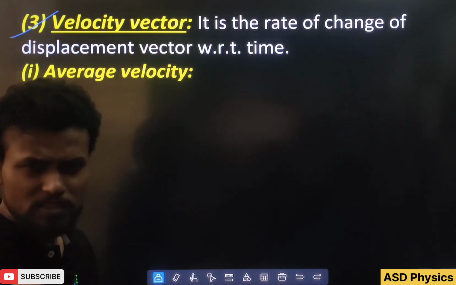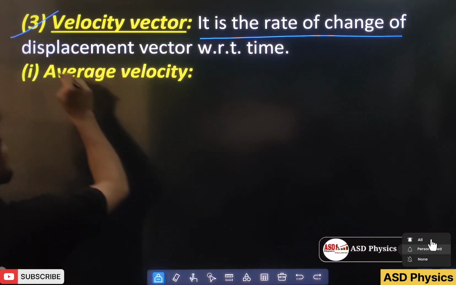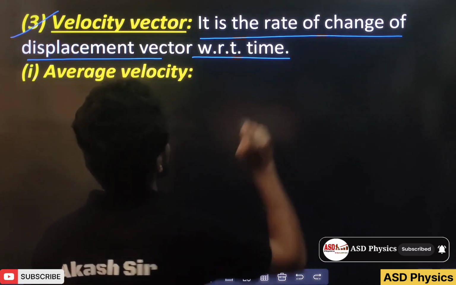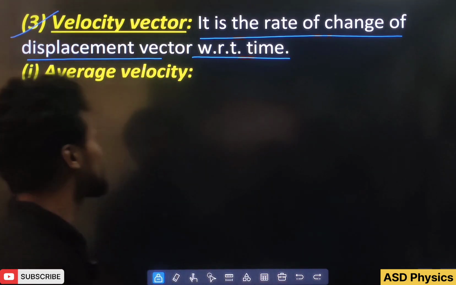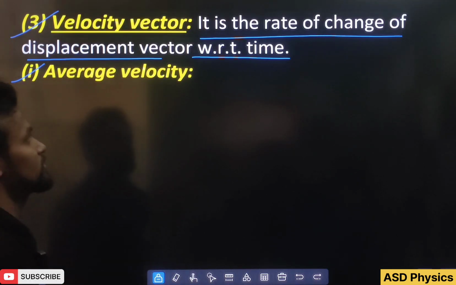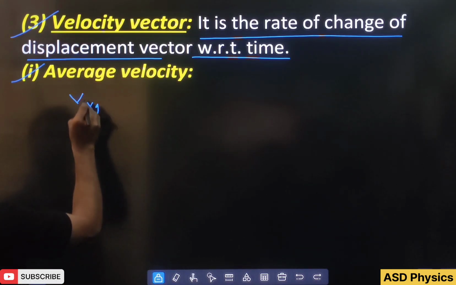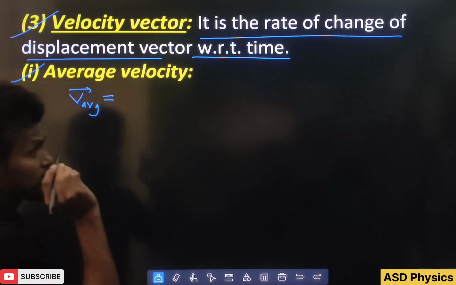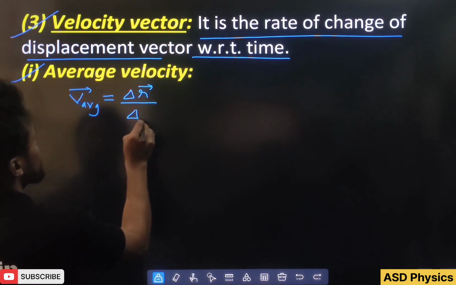Now students, let's see the next one: velocity vector. Velocity we know very well. In a basic form, it is the rate of change of displacement vector with respect to time. Here we are going to see two kinds of velocities. First, the average velocity. Average velocity, v average, is given by delta r by delta t.